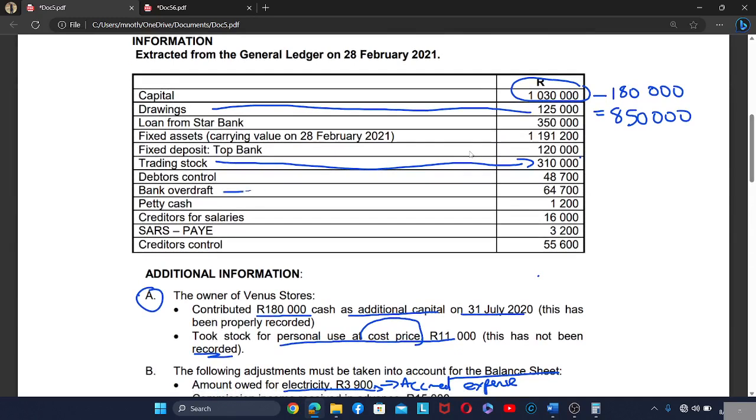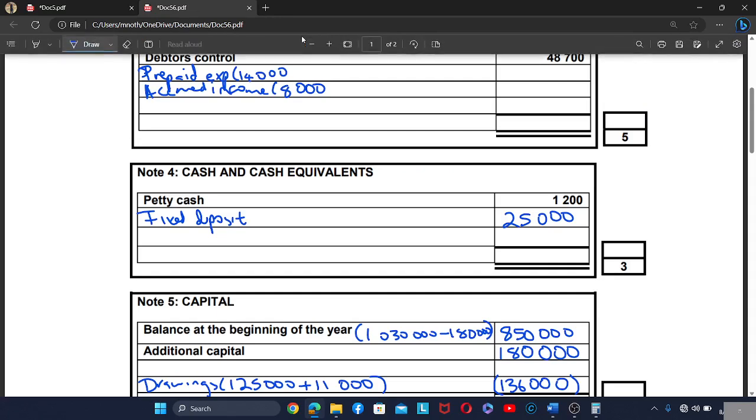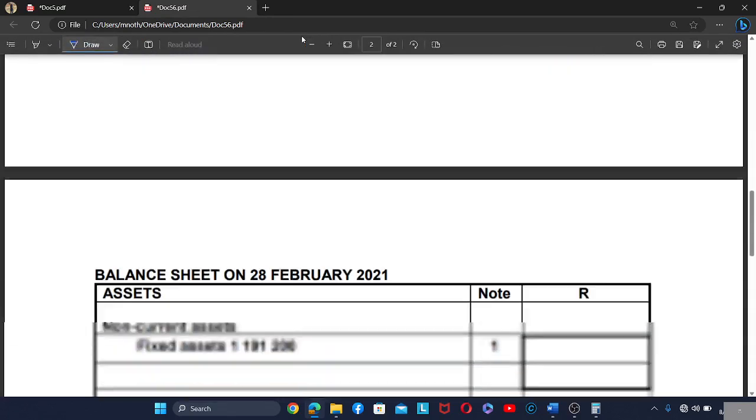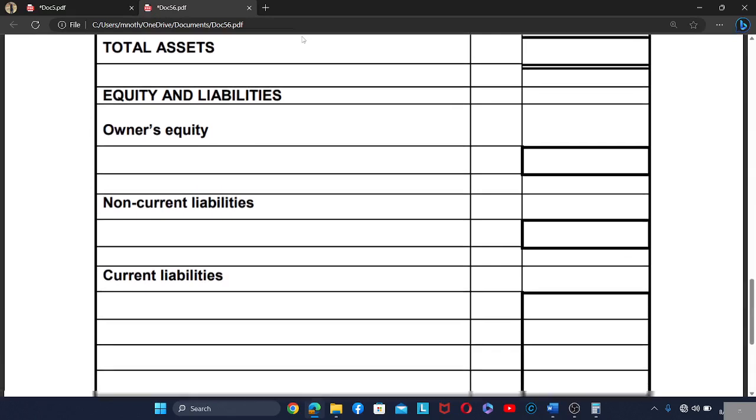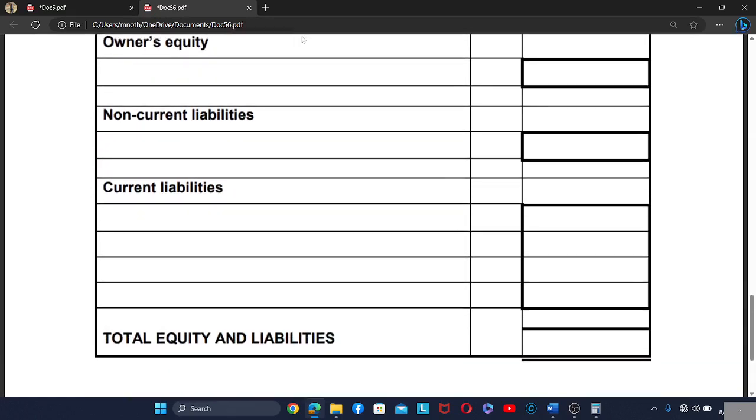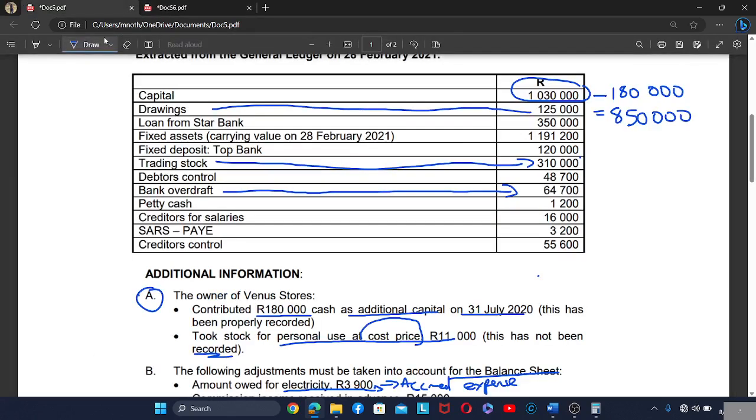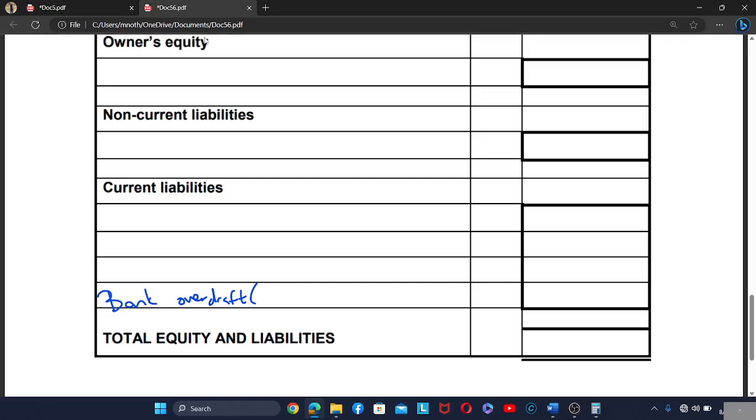But in this case, we don't have the bank. We have the bank overdraft. The bank overdraft is a liability that must be recorded under the current liabilities. So here we are owing the bank money, 64,700.